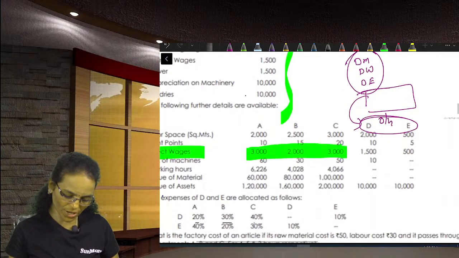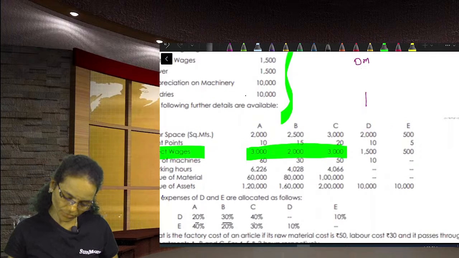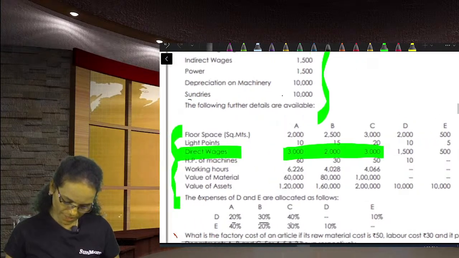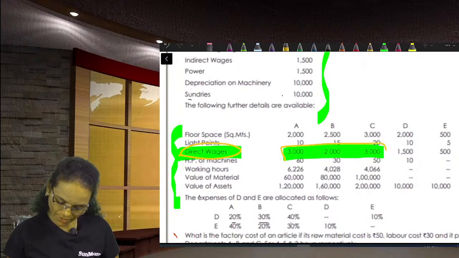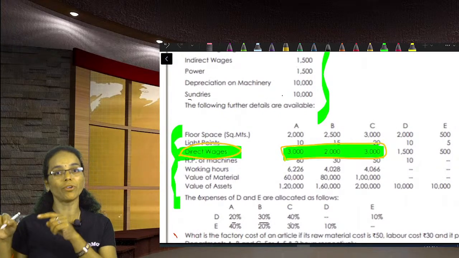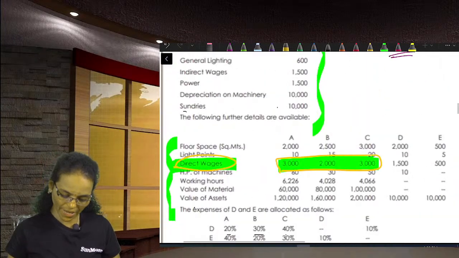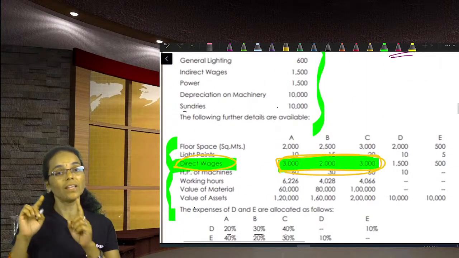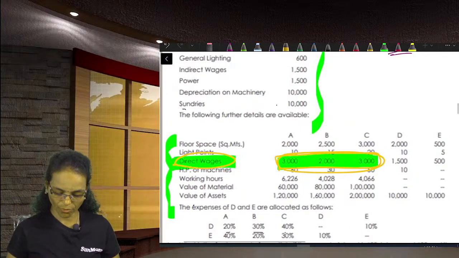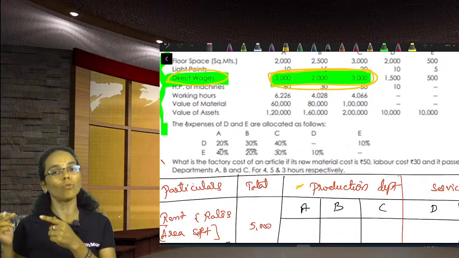So here we need to understand one thing, this direct wages expenditure, these three we will not be adding now for the production departments. Why? This element will be taken care in the direct cost. Now we are calculating for the overheads.